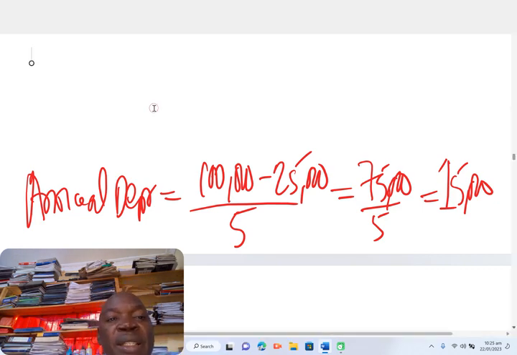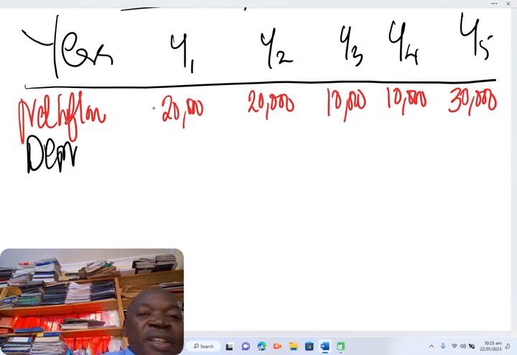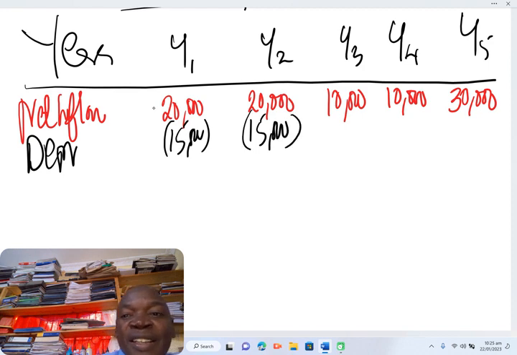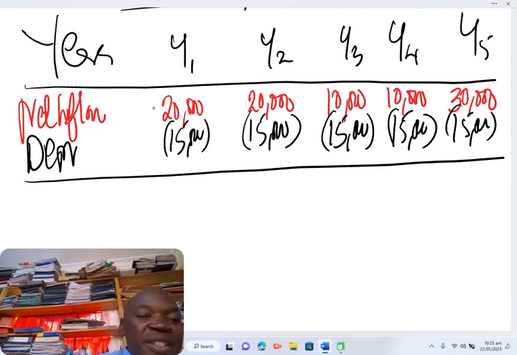So from the net income, you have depreciation being added here. So 15 in each year, 15 in each year, 15 in each year, and 15 each year. So profit can be computed in each year.